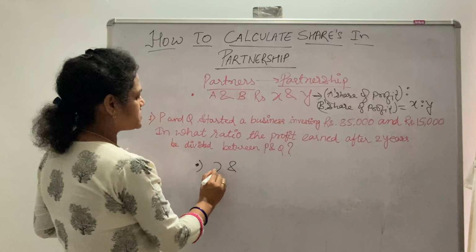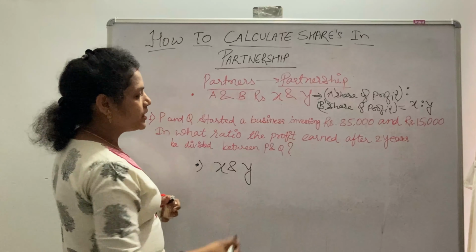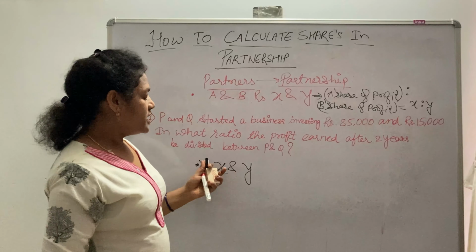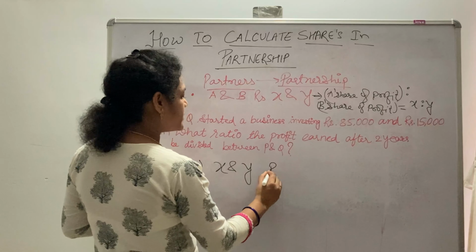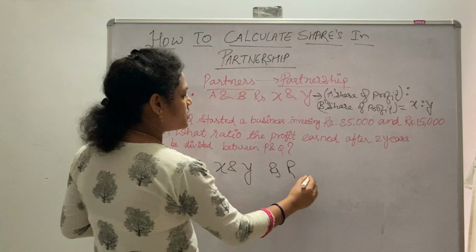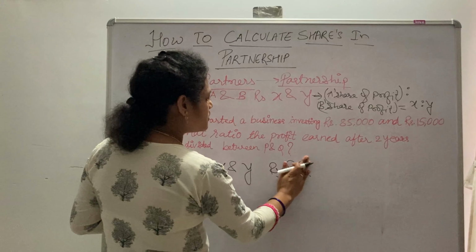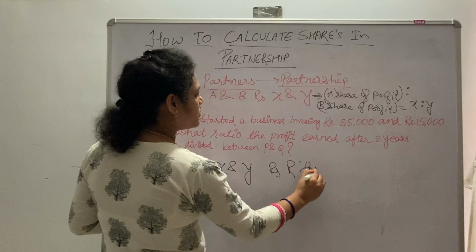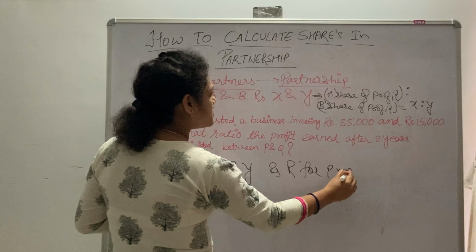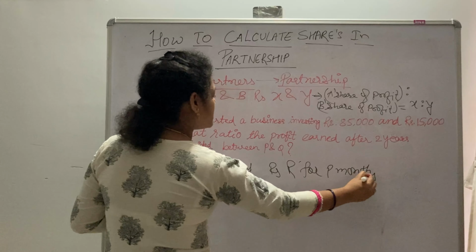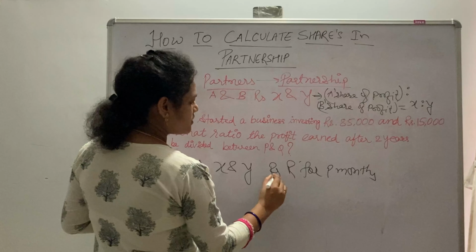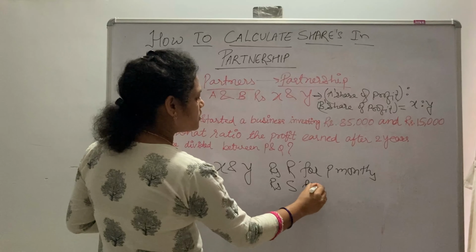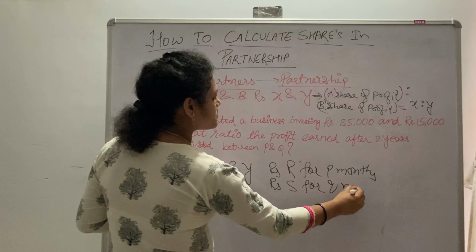This time we will take X and Y, investing money rupees R for P months and rupees S for Q months.